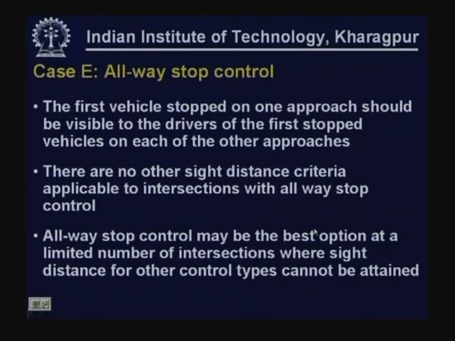Case E is all way stop control. In this case also, like signal control, the first vehicle stopped on one approach should be visible to the drivers of the first vehicle stopped on each of the other approaches. There are no other side distance criteria applicable for intersections with all way stop control.